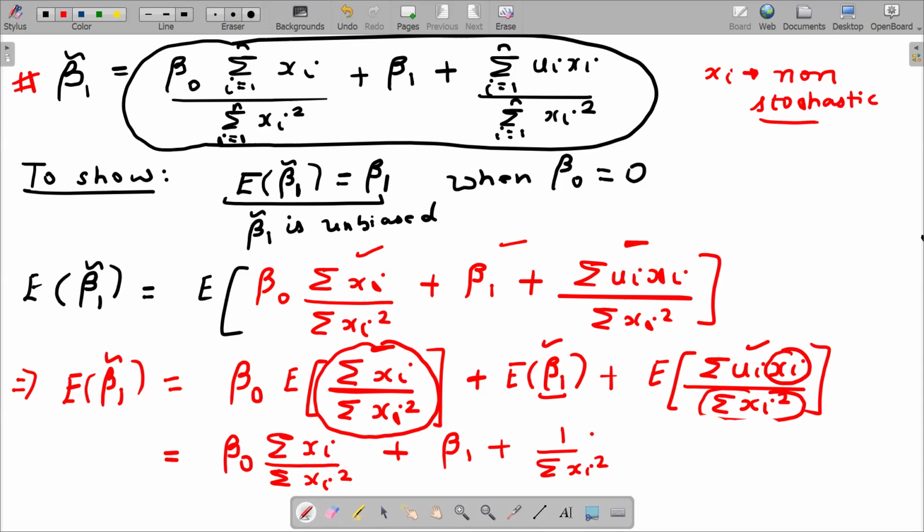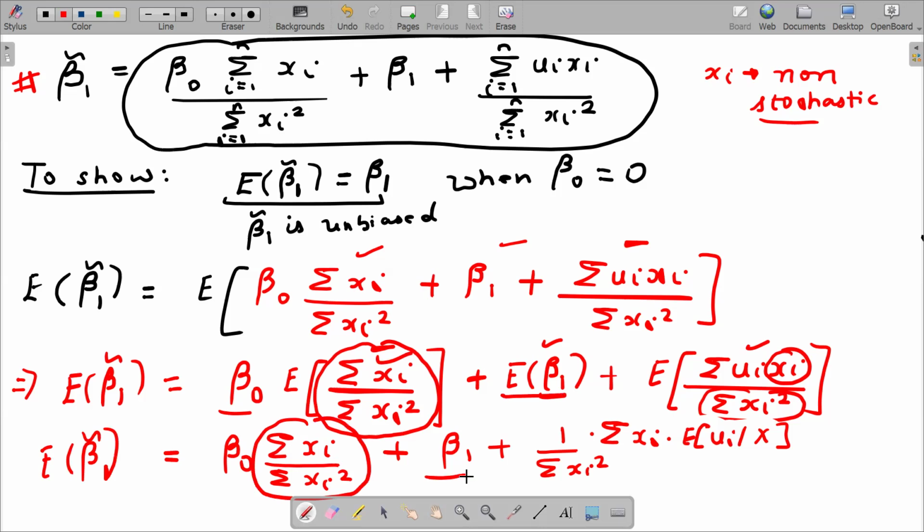So I can write summation xi times expected value of ui conditional on x. So this is what I get as expected value of beta 1 tilde. I'm revising it. It's beta naught times expected value of this, which is this itself because it's a constant, plus expected value of beta 1 is beta 1, plus 1 over summation xi square times summation xi times expected value of ui conditional on x. Remember, ui's are stochastic. They have a probability distribution attached to them. Xi's are non-stochastic. They take fixed values, so the expected value of xi will be xi itself. So xi is going to come out.